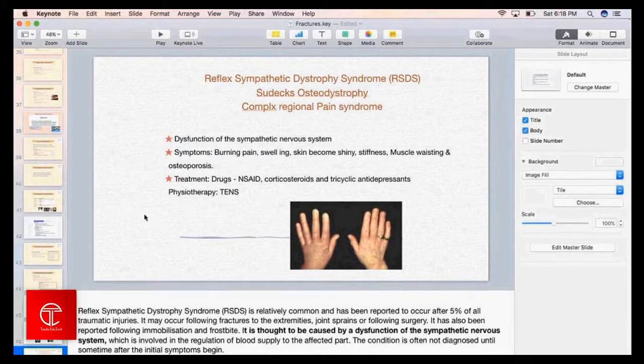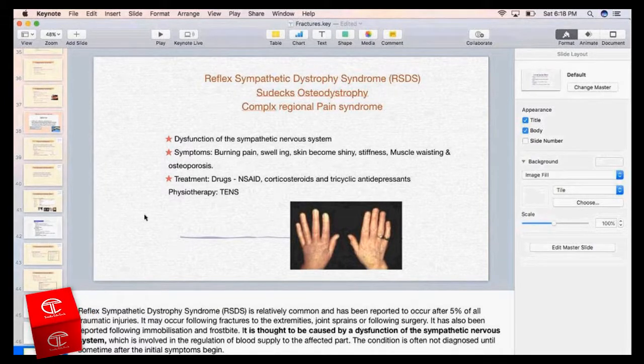There will be hyperesthesia. The treatment is basically a drug treatment, pharmacological and non-pharmacological. The pharmacological: NSAIDs, a short course of corticosteroids and tricyclic antidepressants are very commonly prescribed drugs since the patient has all this sympathetic nervous system issue.